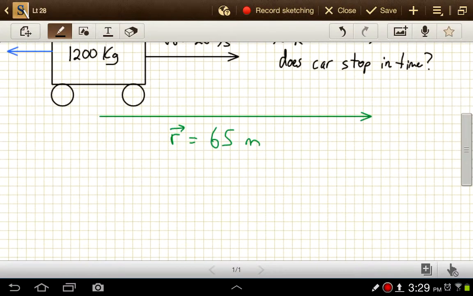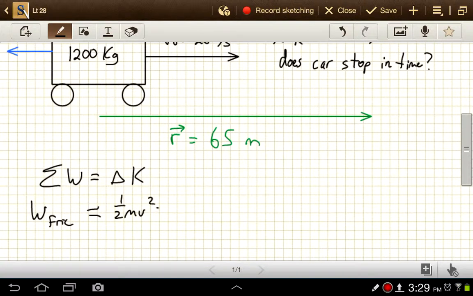So we know that the net work on this object has to equal the change in kinetic energy. The work is just going to be done by the friction here. So work from friction has to equal, if this thing's going to stop in time, the change in kinetic energy, which is 1/2 mv squared minus 1/2 mv naught squared.